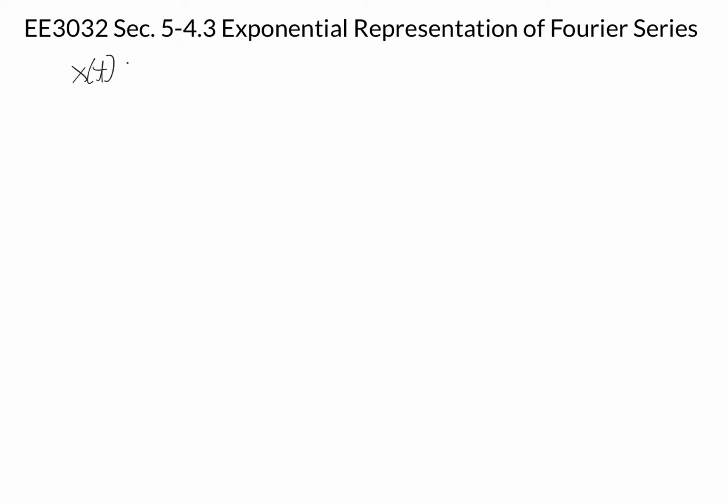sine-cosine form of the Fourier series for any periodic function has a DC component and a possibly infinite number of higher frequency components at multiples of a fundamental frequency. So we'll start with the first one here. The A of n goes with the cosine, so that's an amplitude. And the frequency will be n omega naught.